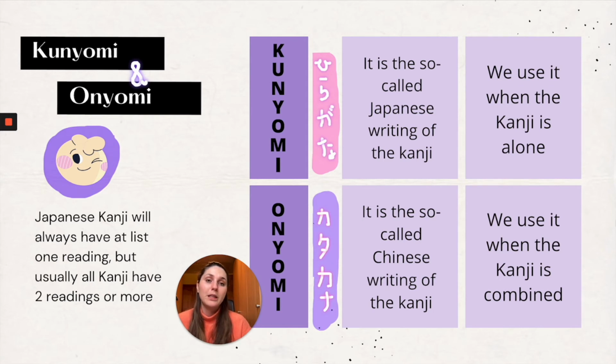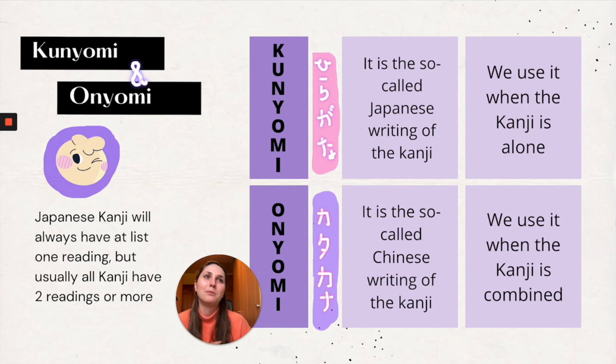And the onyomi is the reading that comes from Chinese, because I imagine you already know that the kanji a long time ago came from China. So the so-called onyomi is the Chinese reading of the kanji, and we will use it when the kanji are combined. For example, I'm trying to think of some combined reading that is not irregular.